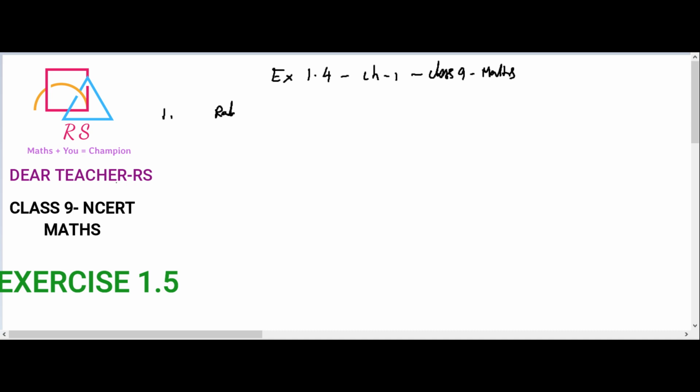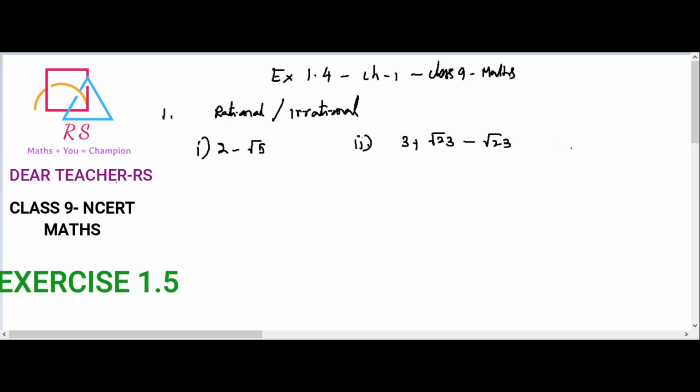So you have to classify the given numbers as either rational or irrational. Now the first question, what he has given: first bit, 2 minus root 5. Second bit, 3 plus root 23 minus root 23.